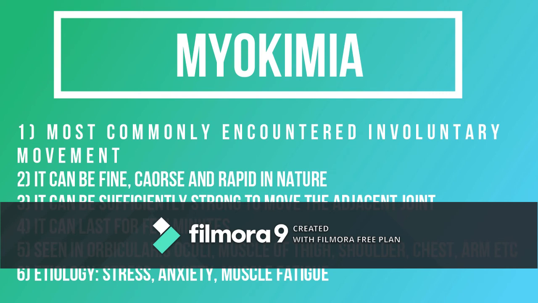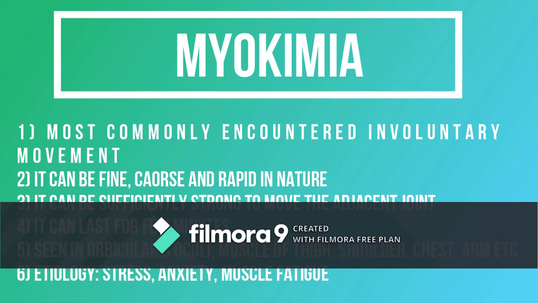Whereas coarse myokimia is commonly encountered in the larger muscle fibers, for example in the muscles of the thigh region, shoulder region, arm, and chest. Occasionally, myokimia can also be noticed in the intercostal muscles.